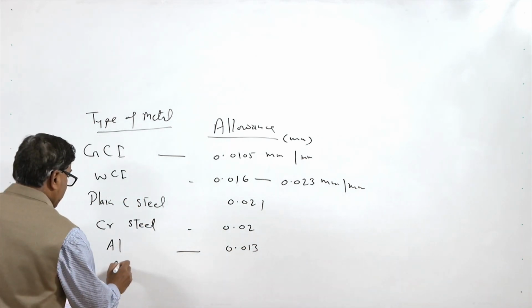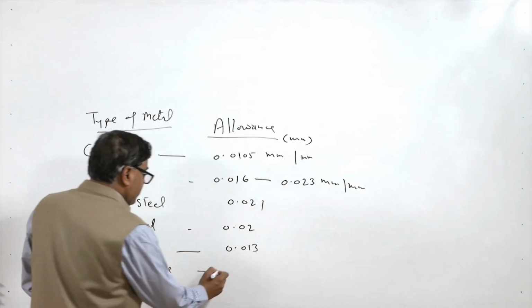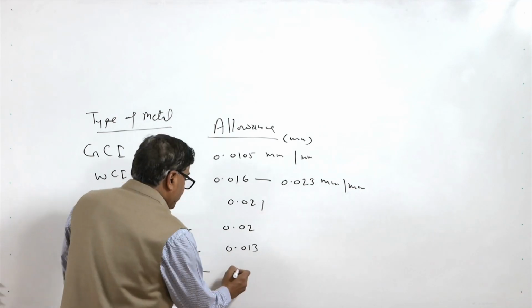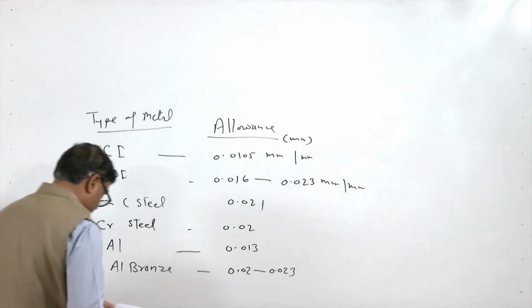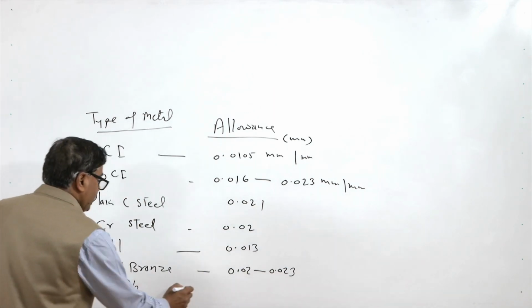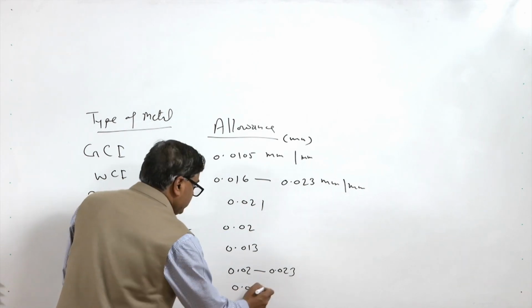For aluminum bronze it is 0.02 to 0.023, and for lead it is 0.026.